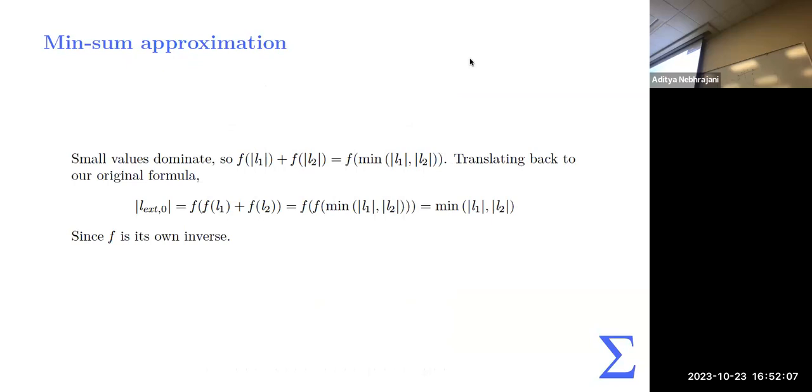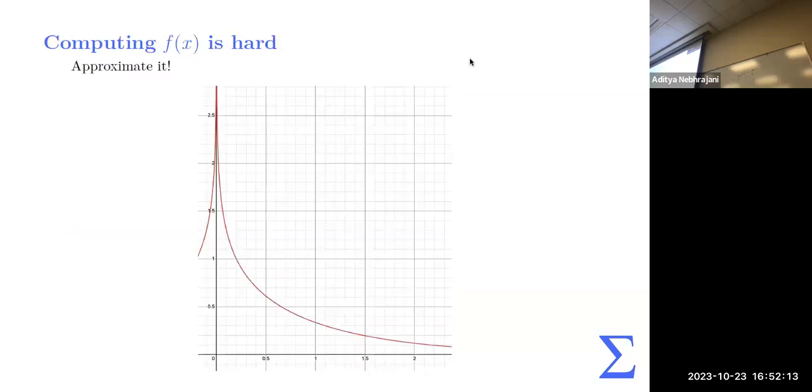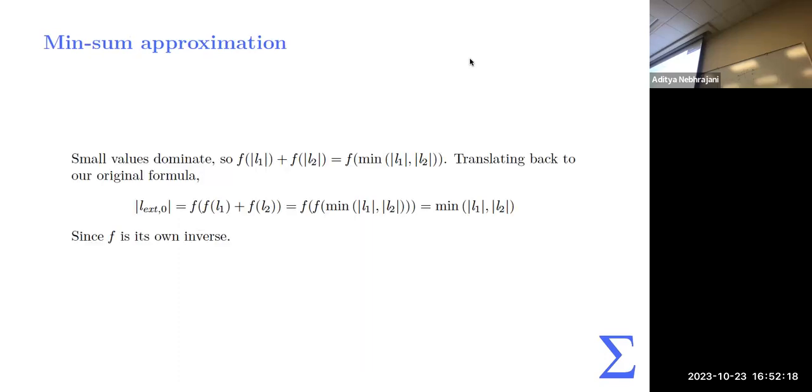And the interesting thing is now we can use that iteration of f. Once I replace this with the minimum of these two, just because of the shape of this function near zero, what I get is the f function iterated twice, but it's its own inverse, right? So I just get the min of L1 and L2.